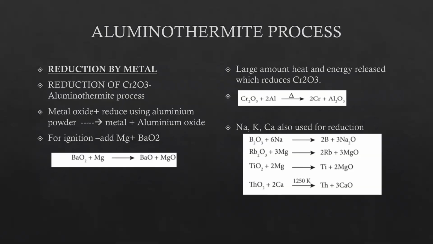So we add magnesium and barium peroxide. Barium peroxide and magnesium give barium oxide and magnesium oxide. This reaction gives a large amount of heat and energy. Nearly 2400 degrees Celsius of heat is liberated and 852 kilojoules of energy is released.